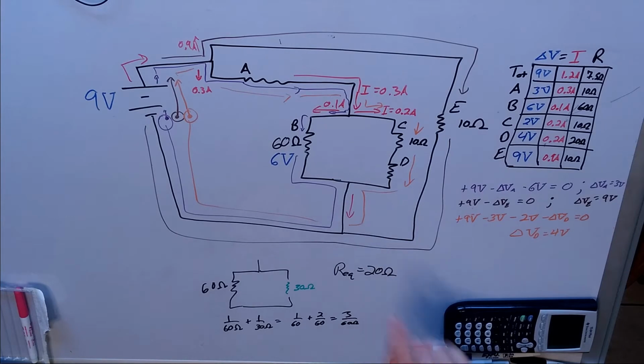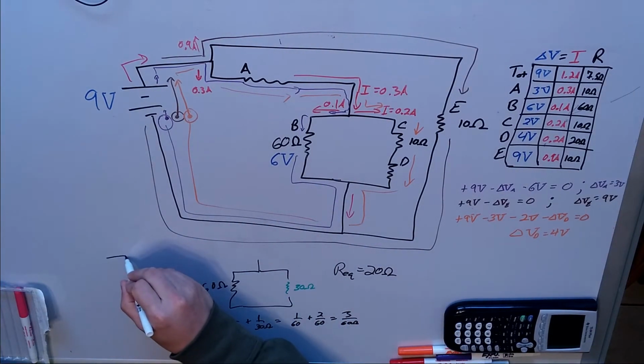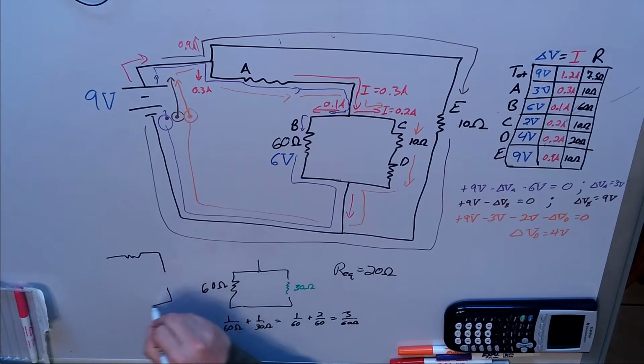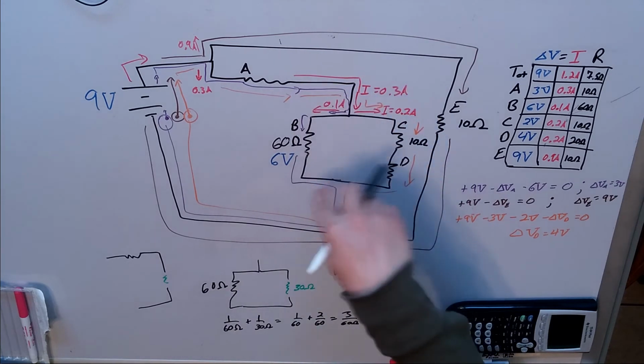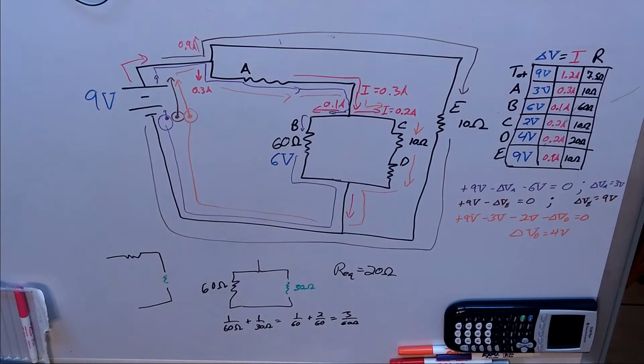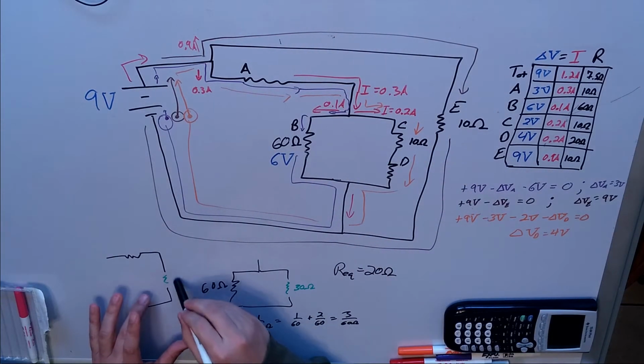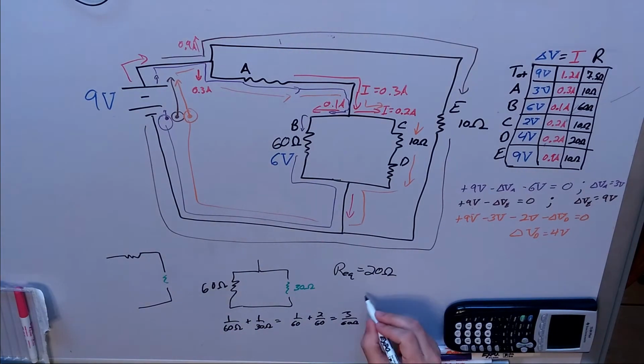All right, so now we've got that one as a 20, and if I were to redraw this, we've got A and now a 20 ohm resistor in this branch, and they are in series, which means I can add them directly together, and all of this section, A, B, C, and D, they all turn into, so this was a 20 ohm and this was a 10. The equivalent resistance for that entire branch is equal to 30 ohms.